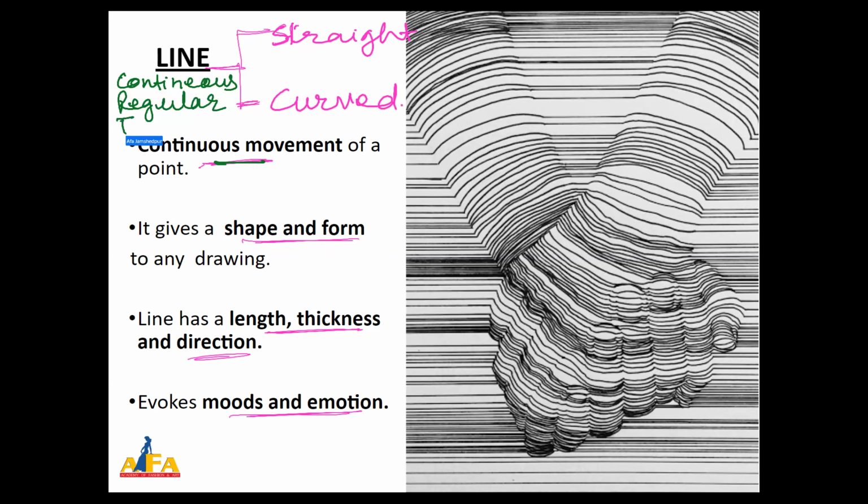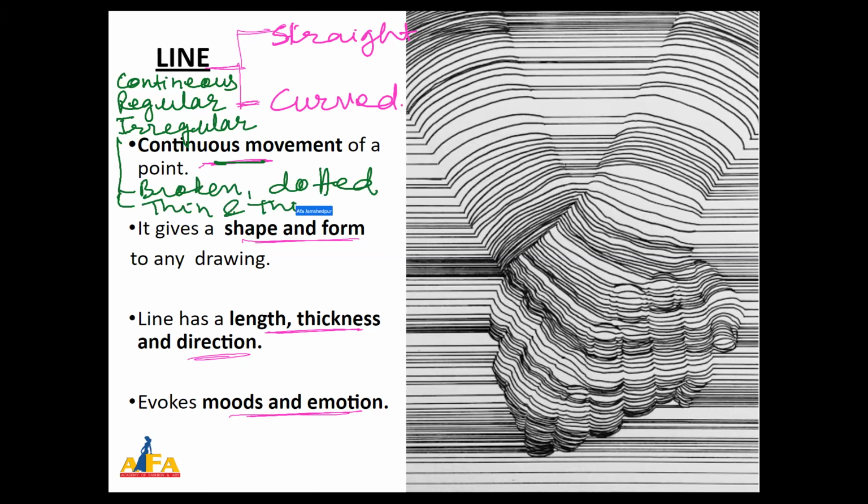They may be irregular. Is it possible that lines are irregular? Lines can be broken, it can be dotted. Okay? It can be thin and thick, and it can be any combination. Yes? Write it.